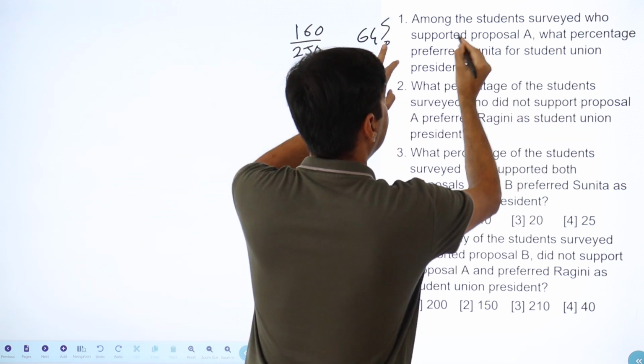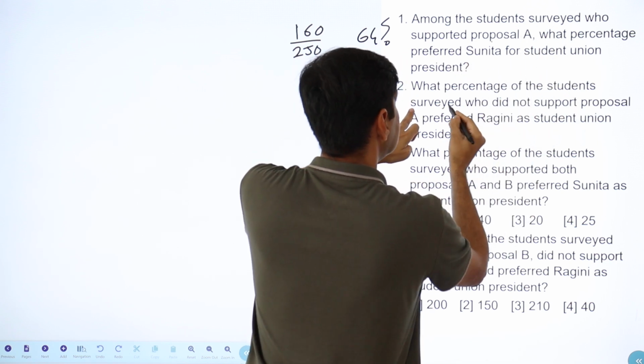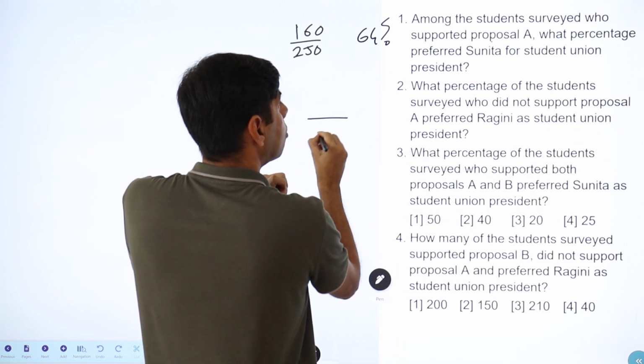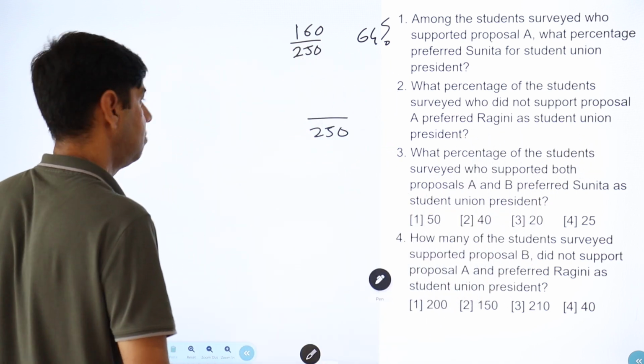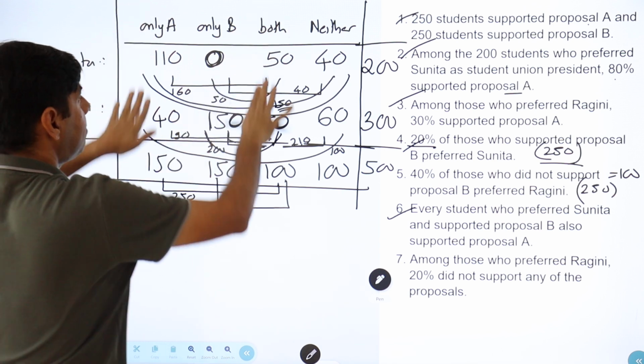Among the students surveyed who did not support proposal A, that is out of 250, what percentage preferred Ragini as student president? Who did not prefer A?